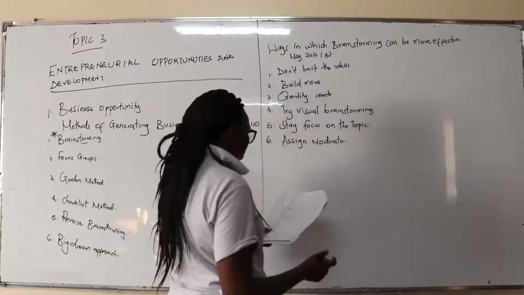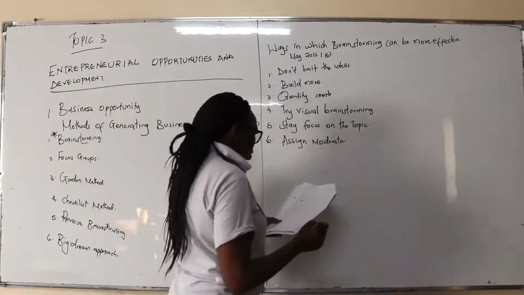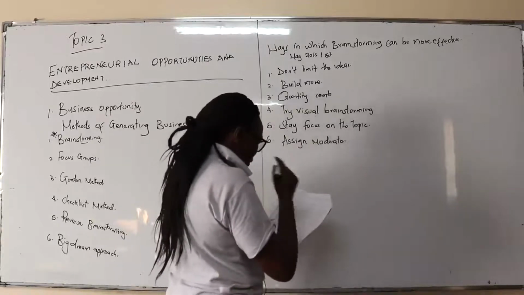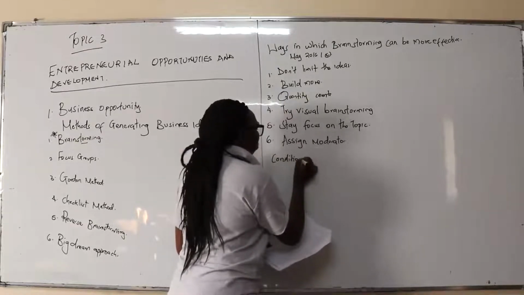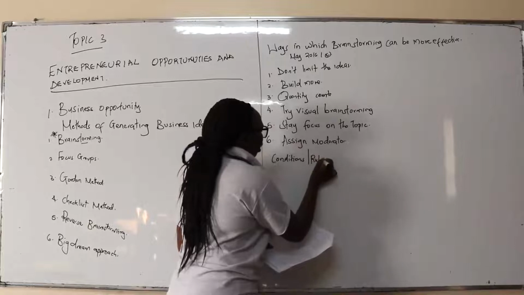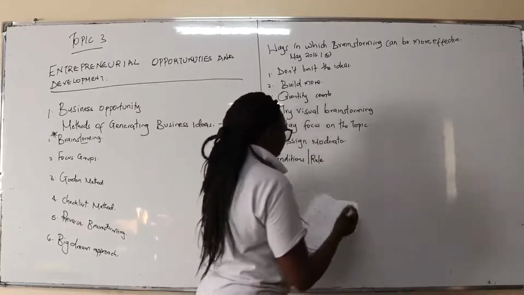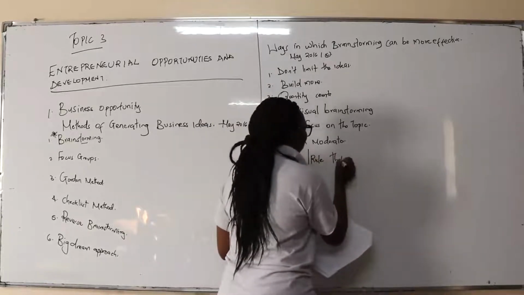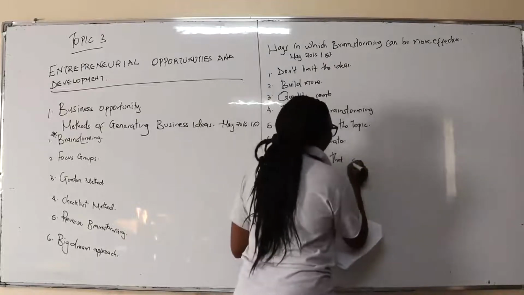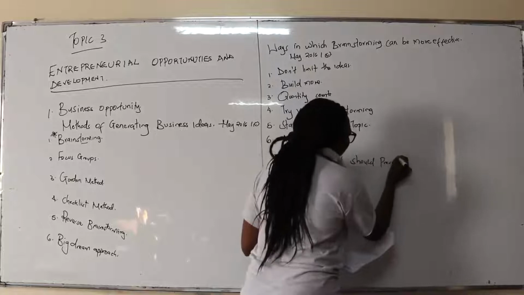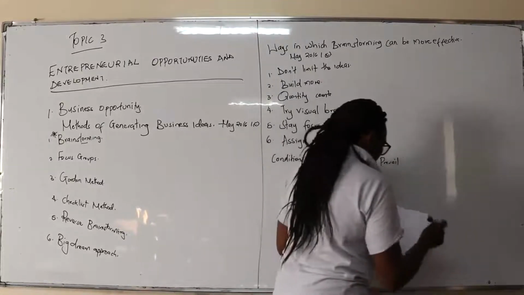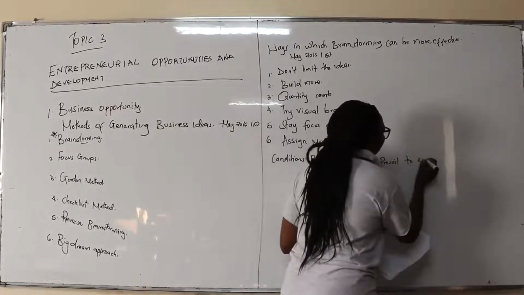There was also a question which was asking for conditions that should prevail. Sometimes you can be asked to state the rules, which means the same. So it is the conditions or the rules that should prevail to ensure successful brainstorming.